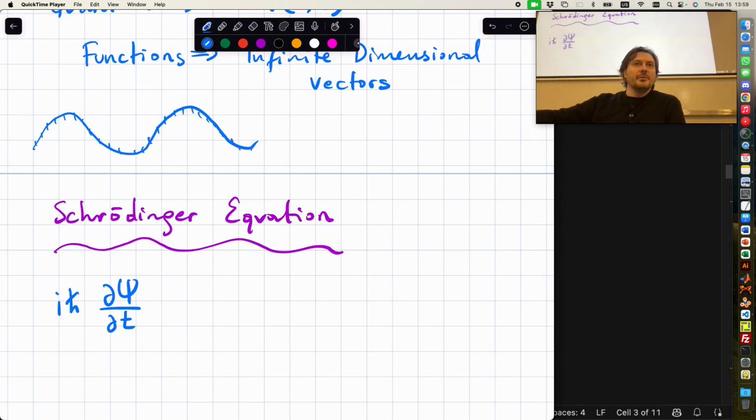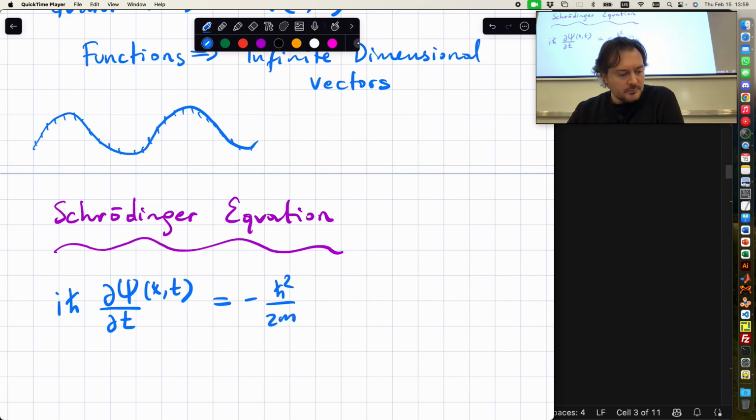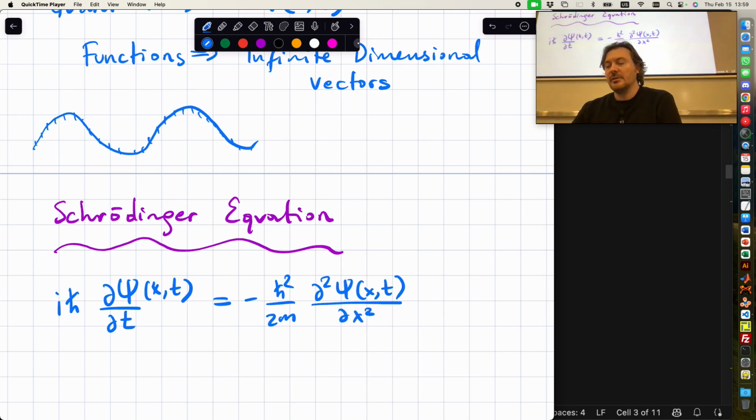Up to Schrödinger's equation, we didn't have any i in our equations. But it looks just like a normal diffusion equation so far, doesn't it? Except for this. Yes.